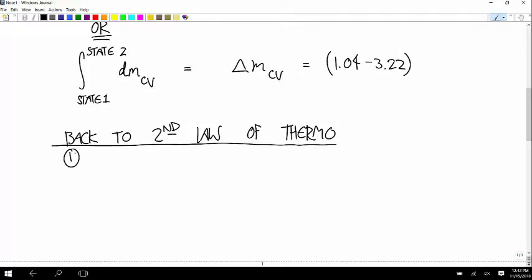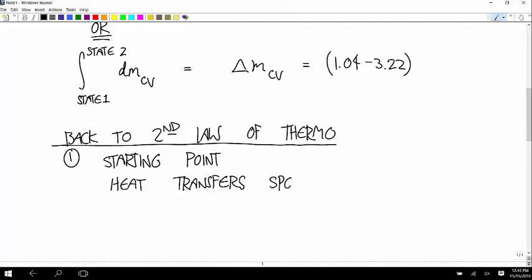If you had lived a long time ago, you could have thought of the second law of thermodynamics. The starting point is that heat transfers spontaneously from hot to cold.